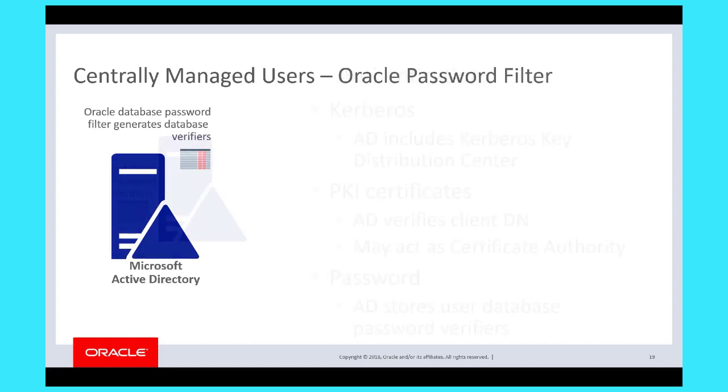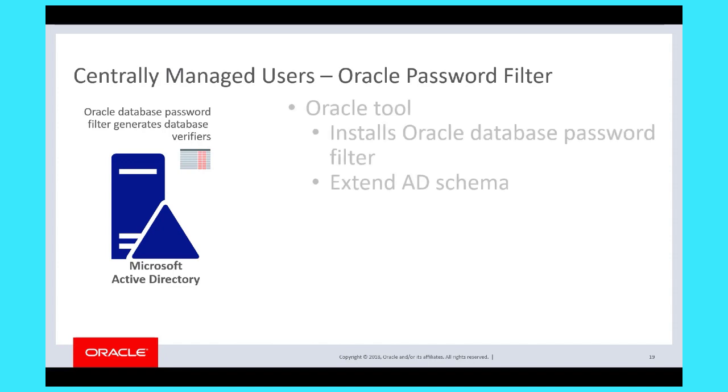That's typically a challenge because to do the password authentication, you're going to have to make Active Directory do some things it doesn't normally do. And what you're going to do is you're going to install a password filter. This is a DLL that you'll place on the domain controller, on every domain controller, and you're going to make an extension to the Active Directory schema to store the password hashes that the filter generates.